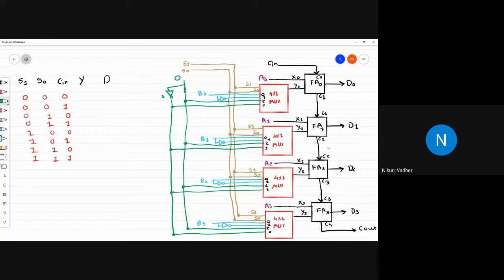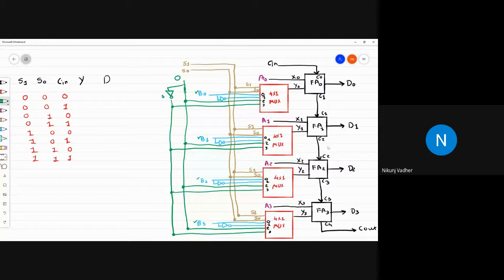Now we won't be focusing on this Cin right now. We will be focusing on S1 and S0. Now look at this multiplexer. What is the first input to this multiplexer? B0, B1, B2, and B3.